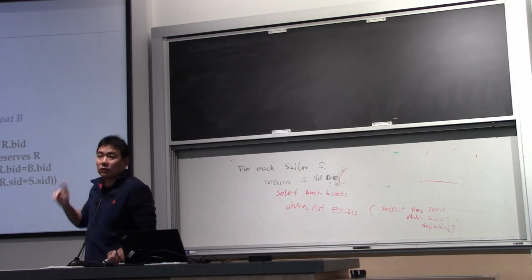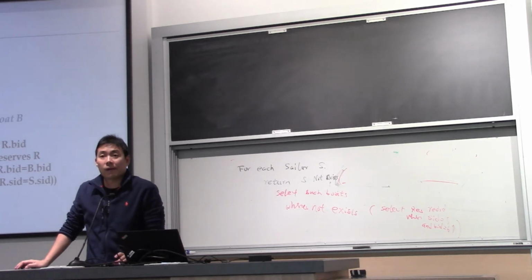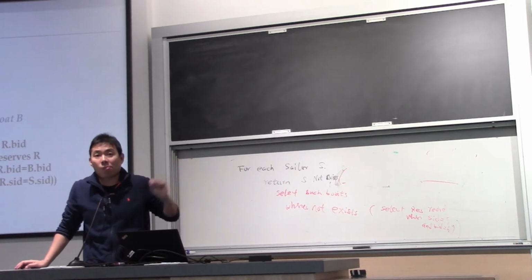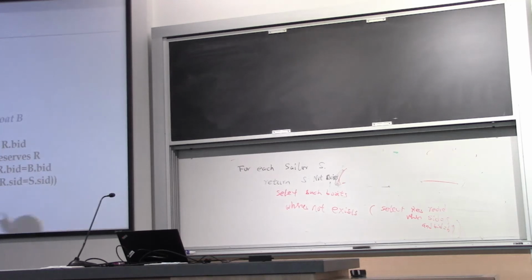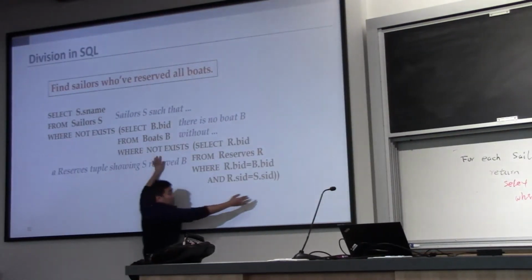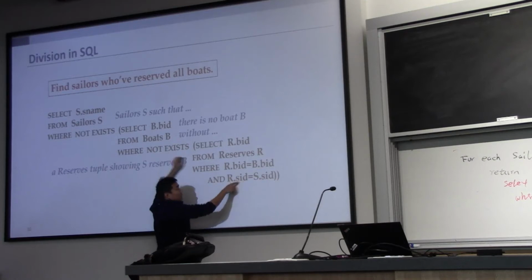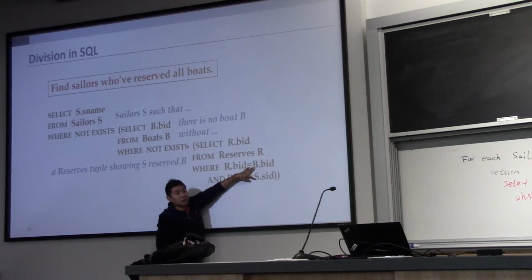Now transfer to this query over there. Okay? So let me work through this query one more time. For each sailor, you're trying to find those boats he or she has not reserved. In order to do that, I go over the boats and see whether there is a reservation record on that boat ID and sailor ID.